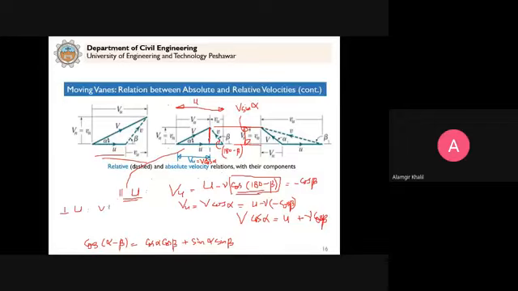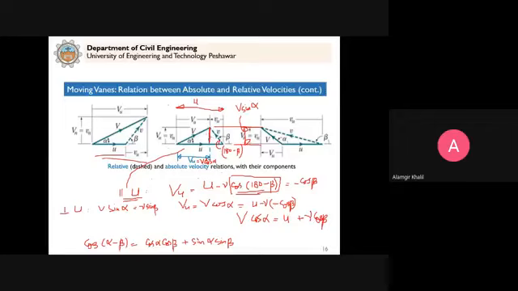We have V sine of alpha, and this must be equal to small v sine of beta. Clear?